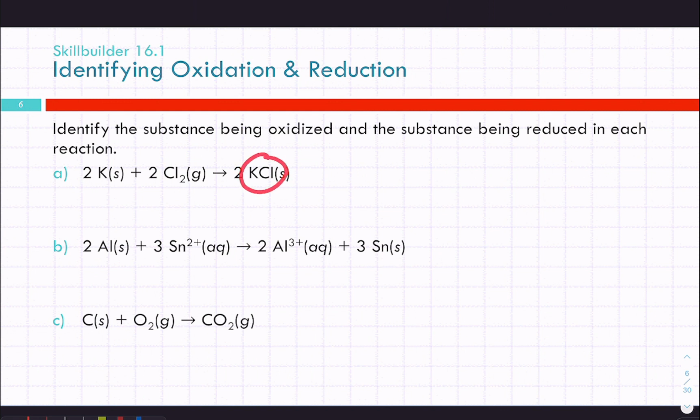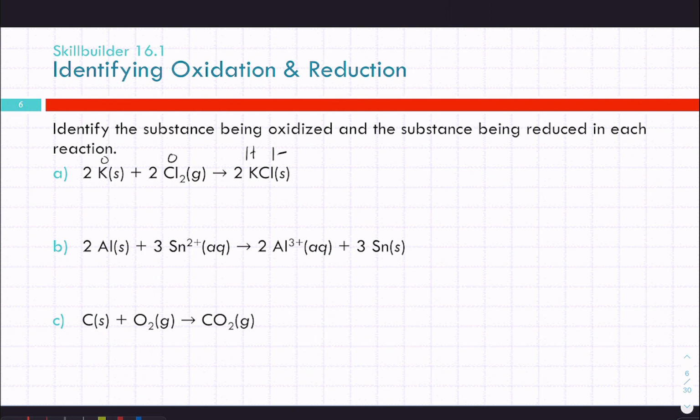Potassium in potassium chloride has a 1 plus charge, and chloride, where the ide is used to designate it as an ion, has a 1 minus charge, but their free element forms don't have any charge. This is related to oxidation states, but it's not 100% the same.